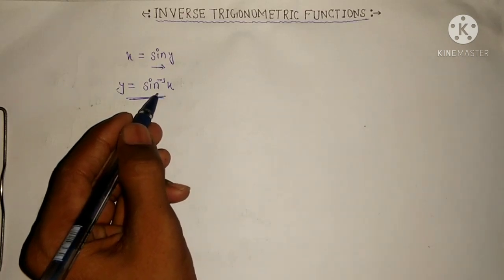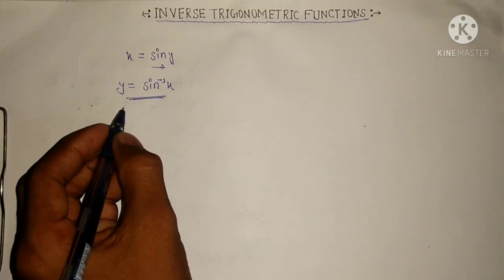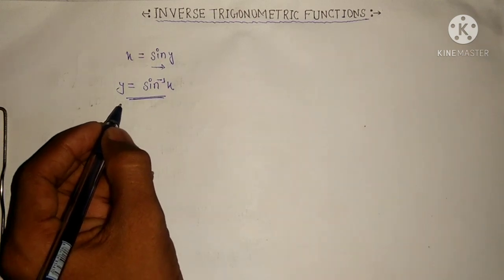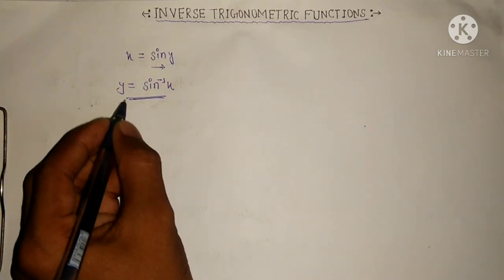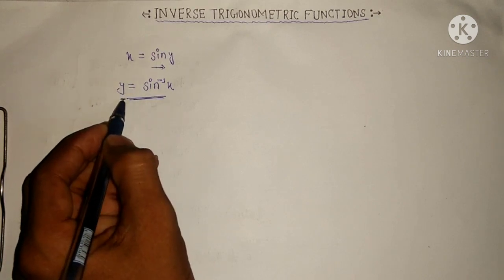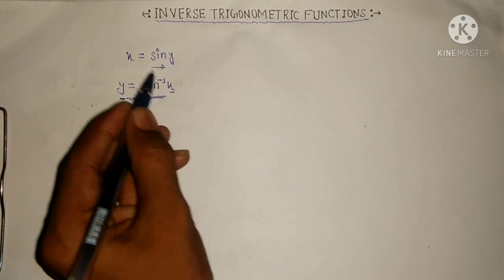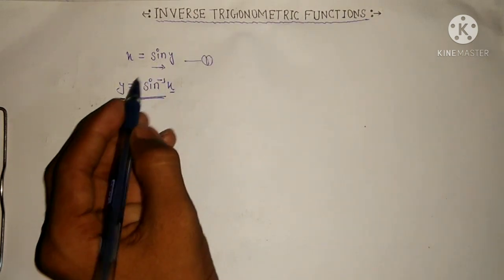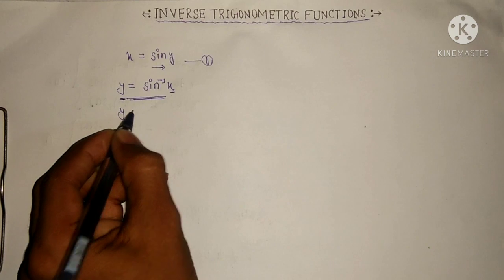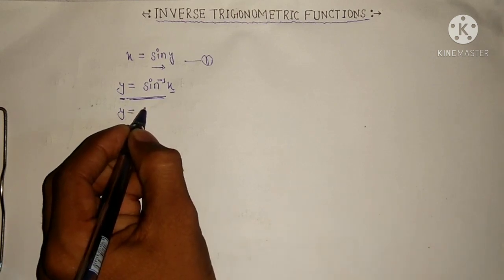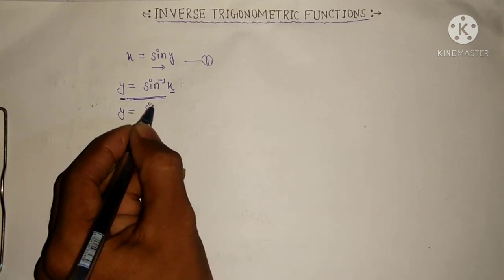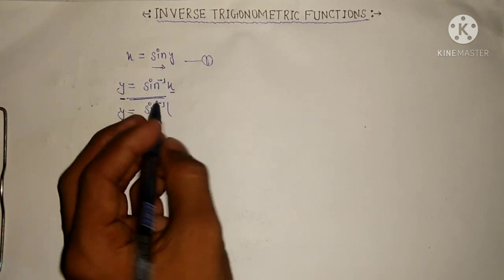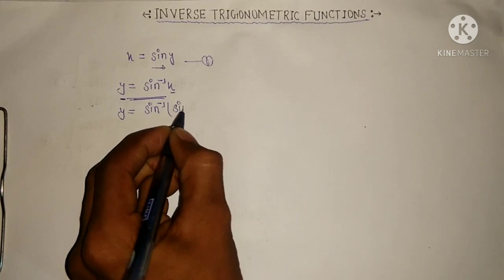You also have to know the main formula: if y is sine inverse x, then x is equal to sine y. If we put this value in, it becomes sine inverse sine y.